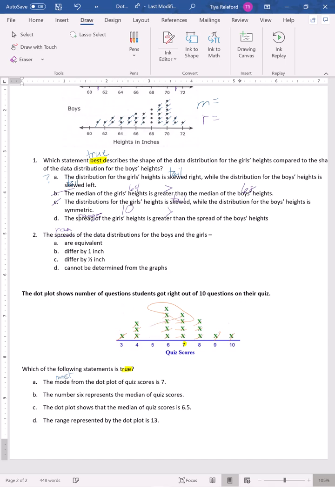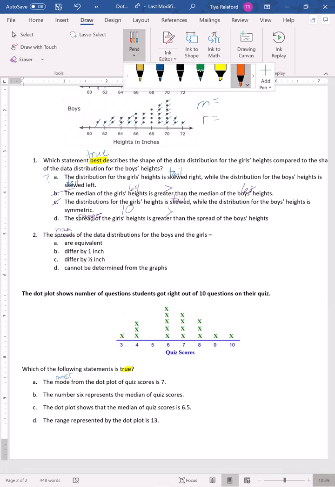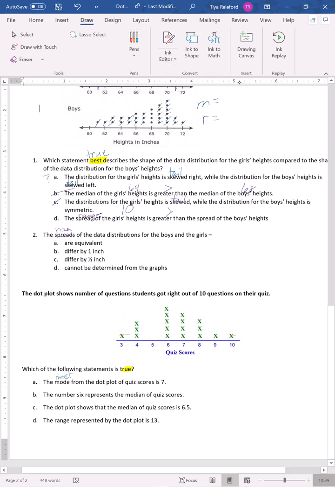I might do that again just in case I made some mistake. Bottom, top. Okay, no, I was good. So what is in between 6 and 7? 6.5, right? 6.5.